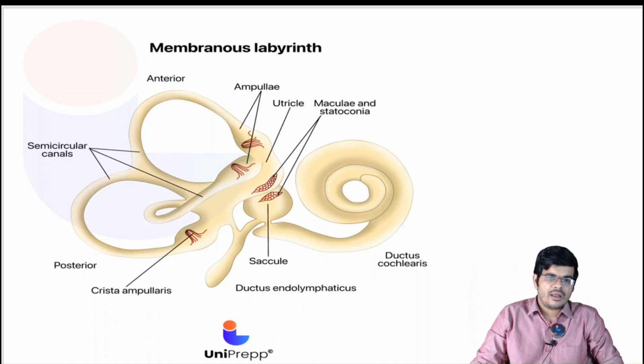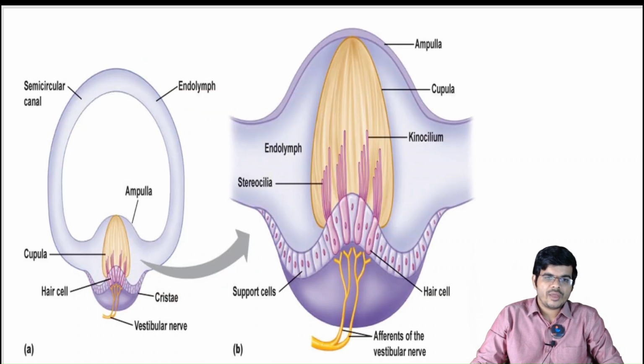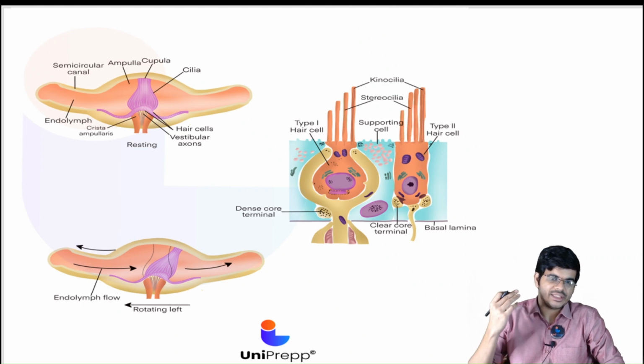Okay, and this is how it moves. And similar movement can also occur in the semicircular canals, and that happens during angular acceleration, right? The other one happens during linear acceleration, that is different.